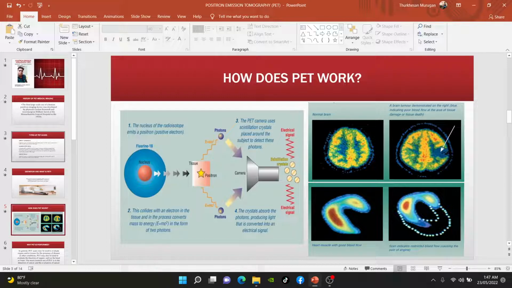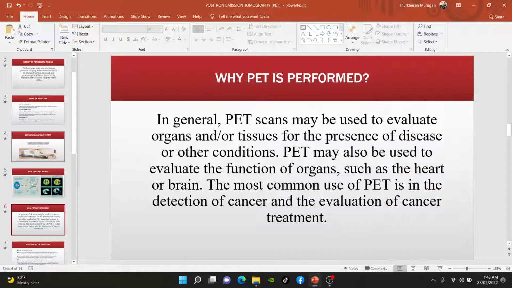The scanner then detects the annihilation photons, which arrive at the detectors in coincidence at 180 degrees apart from one another. A computer analyzes those gamma rays and uses the information to create an image map of the organ or tissue being studied. And the amount of the radionuclide collected in the tissue affects how brightly the tissue appears on the image and indicates the level of organ or tissue function.